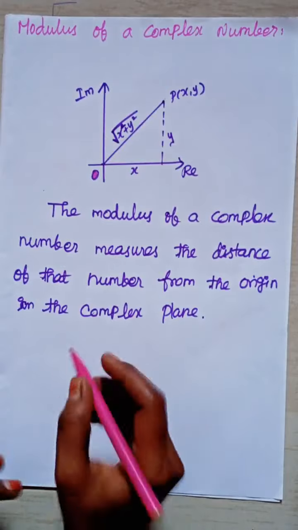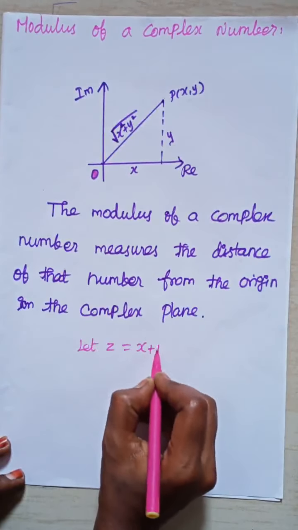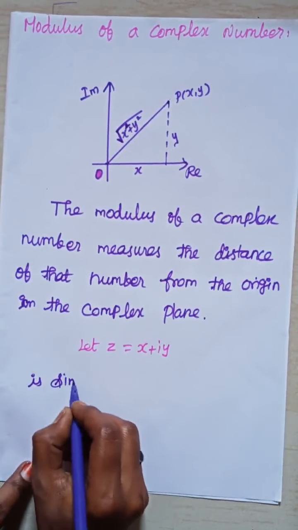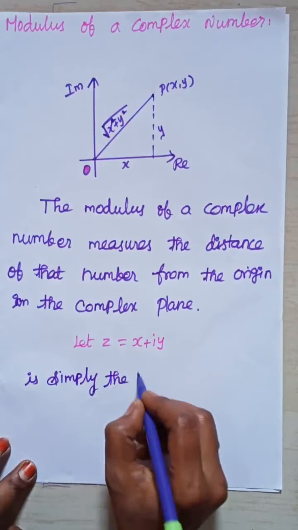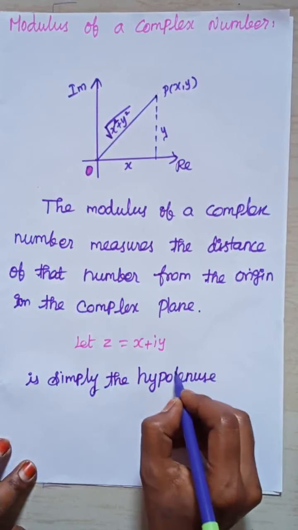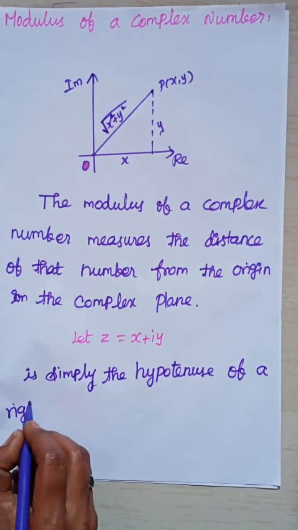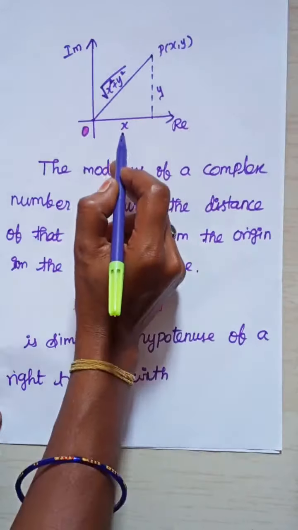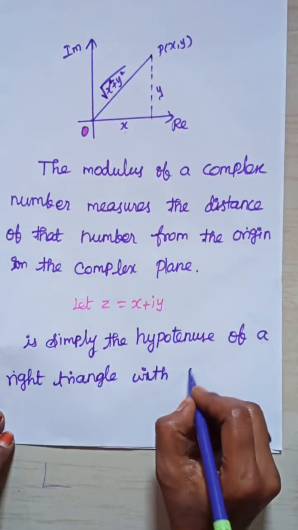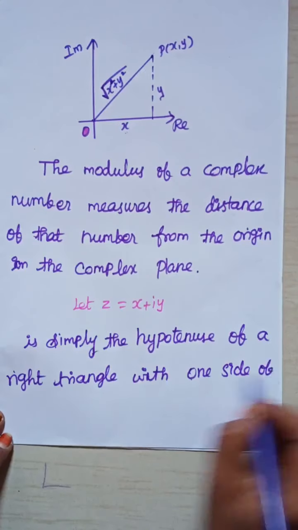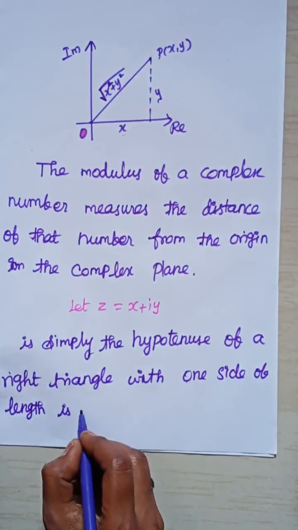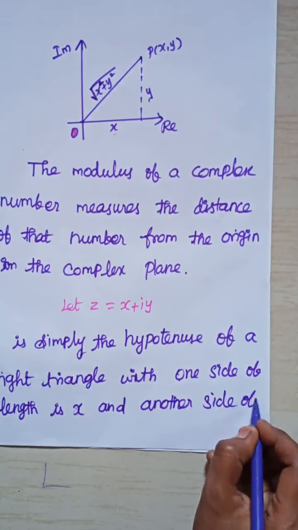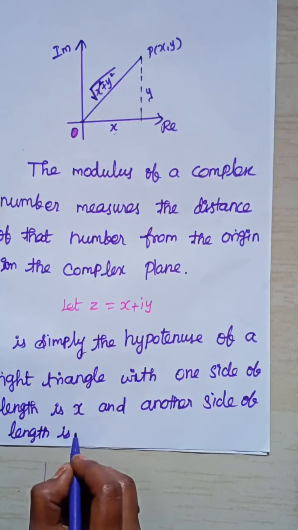We know that the complex number, let z is equal to x plus iy, is simply the hypotenuse of a right triangle with one side of length x and another side of length y.